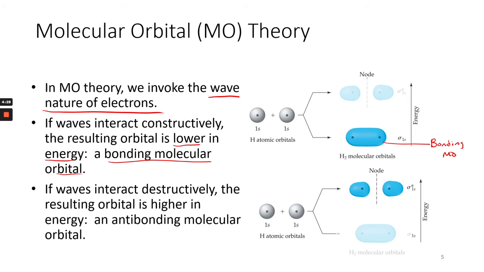If you have 2 waves that cancel each other out or interact destructively, you will result in a higher energy antibonding orbital. And this here is your antibonding. Notice this says energy going up, so that antibonding is higher energy than your bonding.